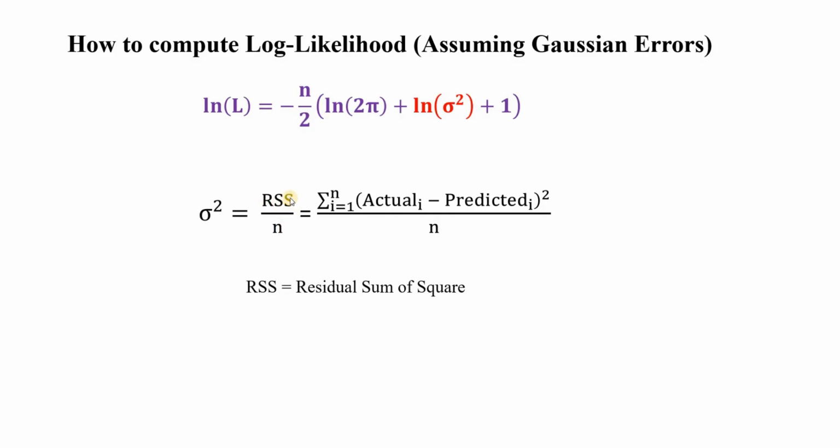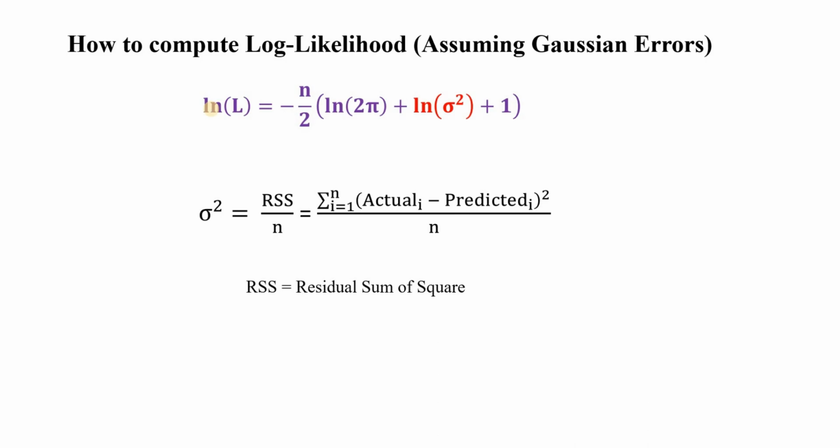RSS is the residual sum of squares, calculated by the actual minus predicted value squared and summed, and divided by the number of experimental data. After calculating this, we can calculate the AIC and BIC value.